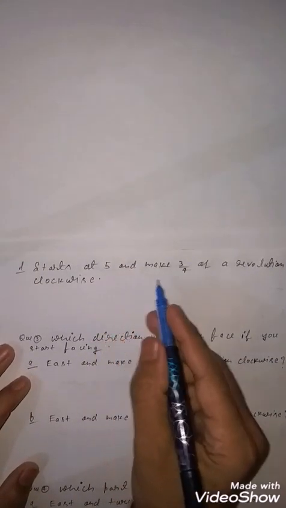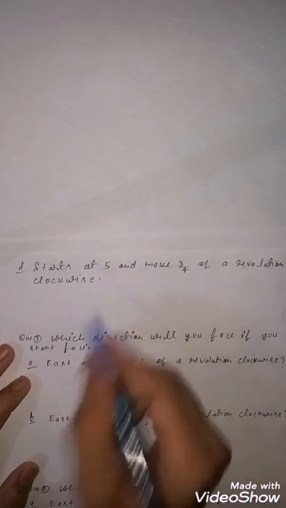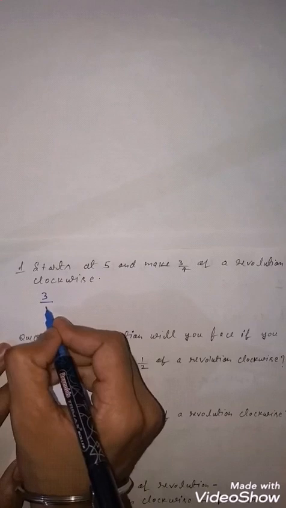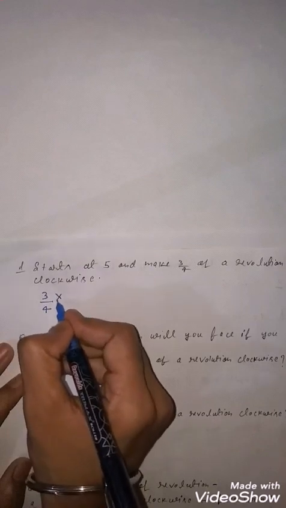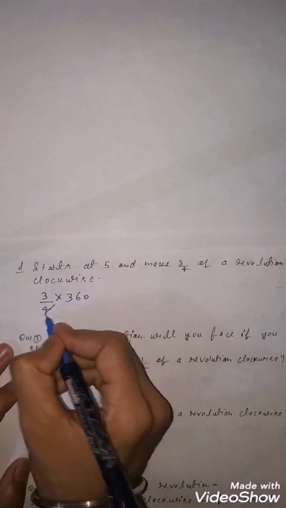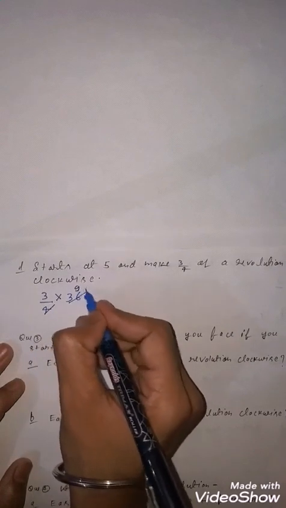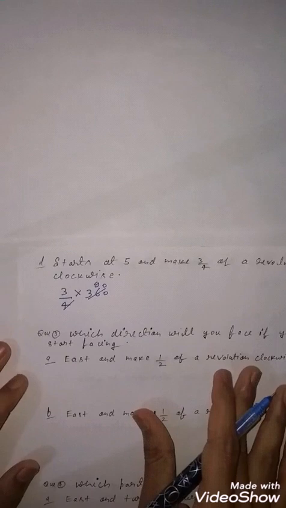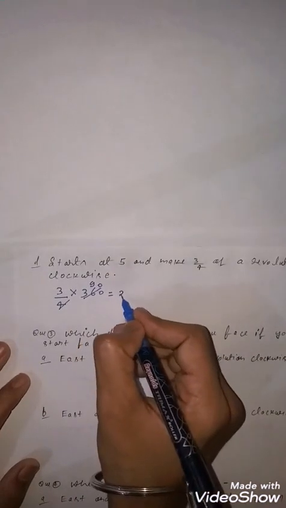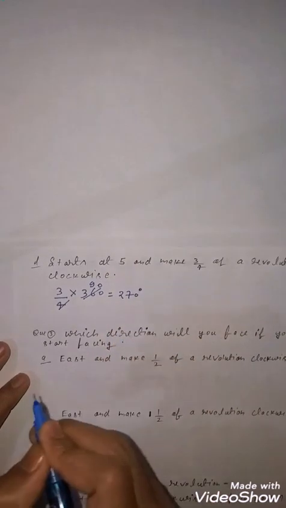Now again the same question, students. Starts at 5 and makes 3 by 4 of a revolution clockwise. So now 3 by 4 means what, student? 3 by 4 of, you know what? Multiply by revolution, which means 360, a complete revolution. If you reduce it, it will come to 90. Clear, students? It will come 90. Now it will become 270 degrees. Again you have to find out the number of steps.